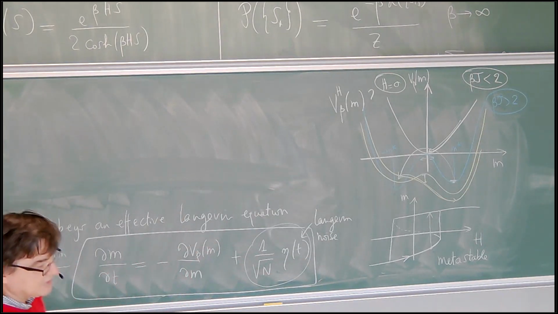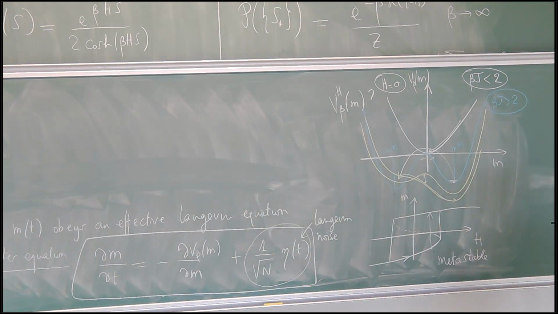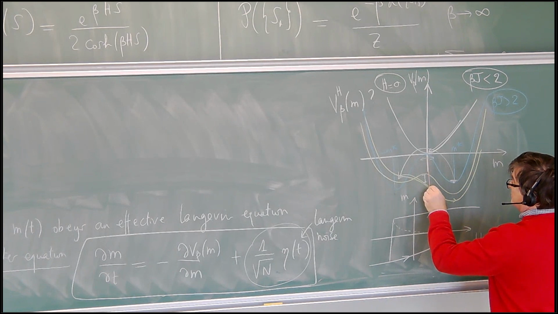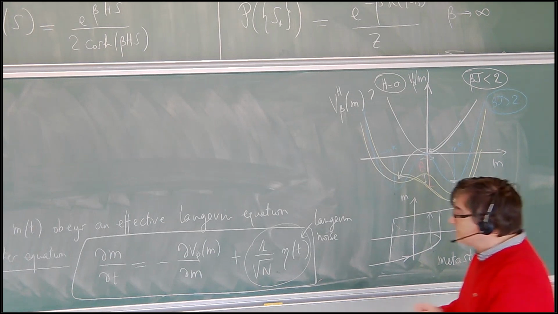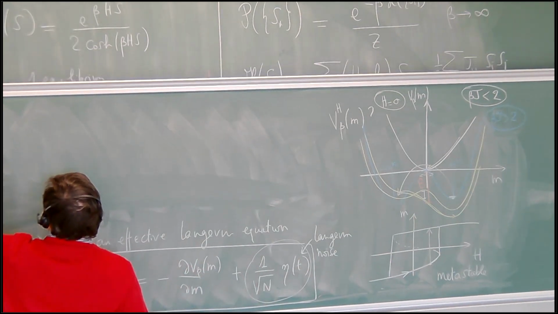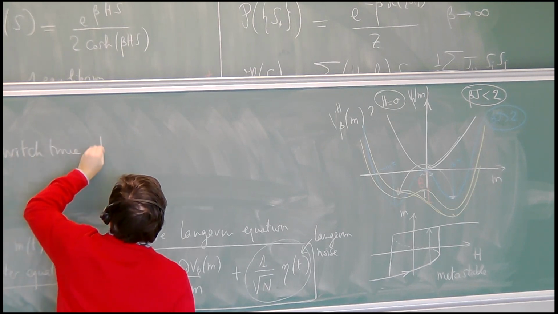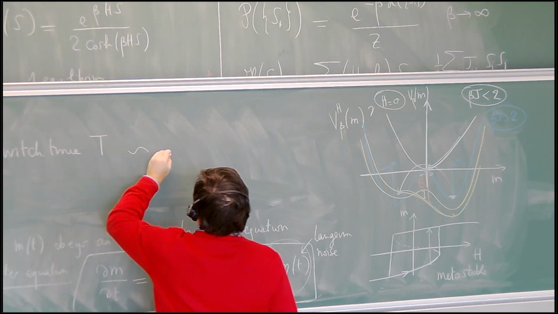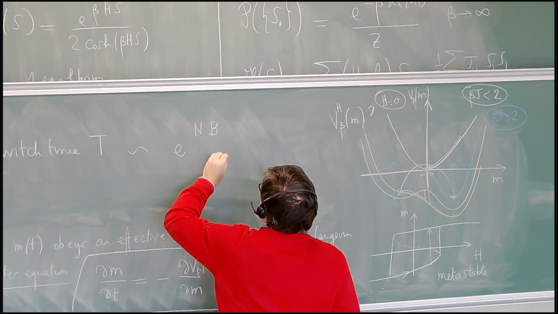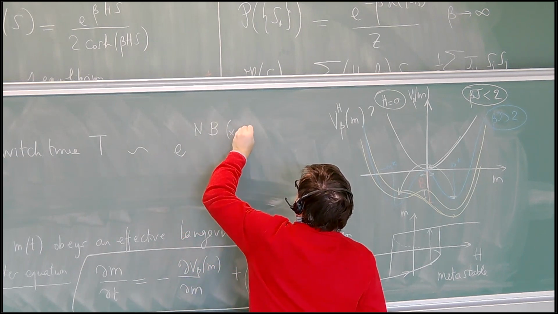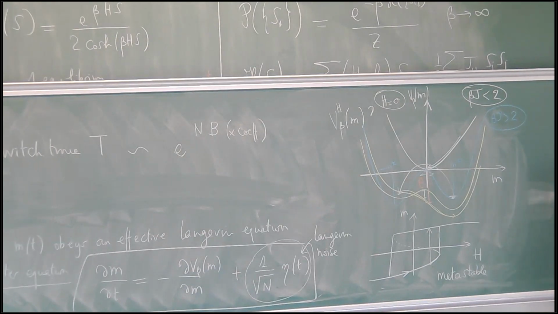But the only thing I want you to remember is that if there is an energy barrier I'm calling B, the time to jump, the switch time, is going to be proportional to the exponential of n times B times a coefficient that I've not written here.